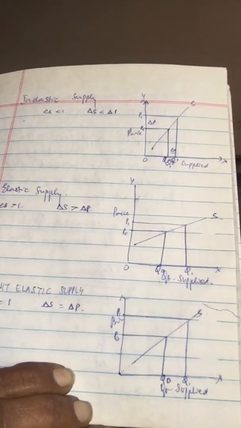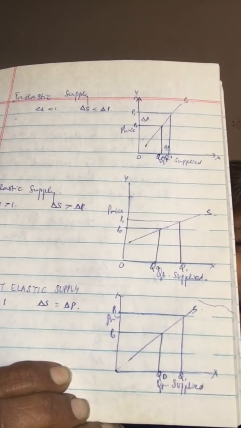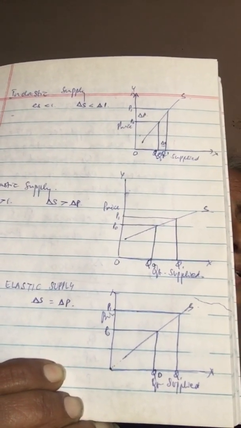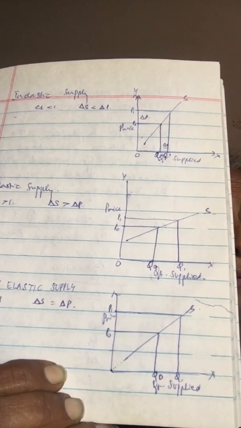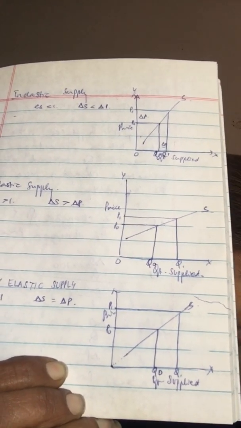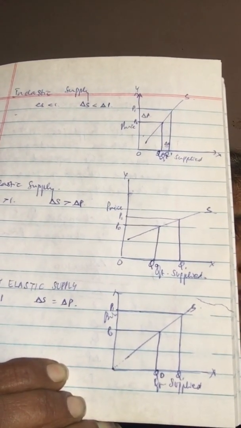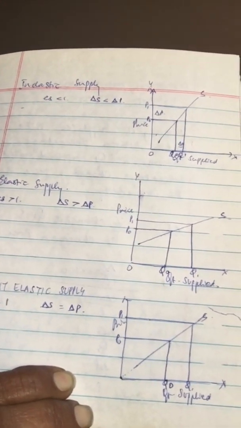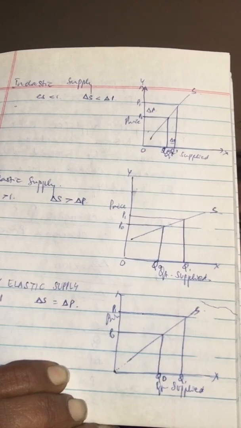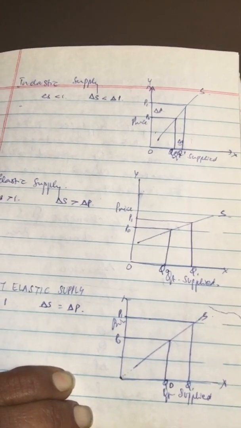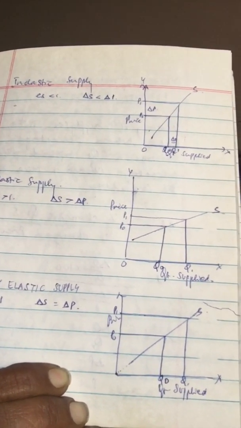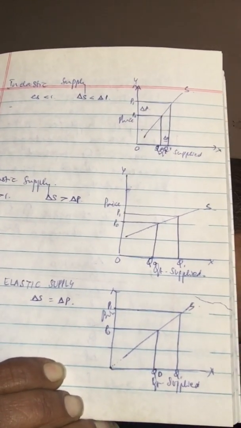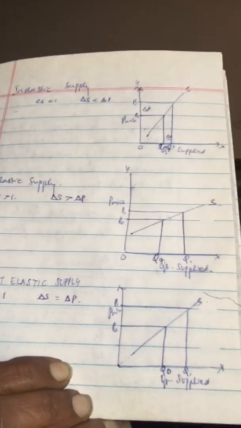Another hint I can give you is that it's a flatter curve. The slope is very gradual, and it points to the y-axis. It starts from there, and it shows that a very little change in price also brings about a big change in the quantity supplied. So the change in quantity supplied is greater than the change in price.